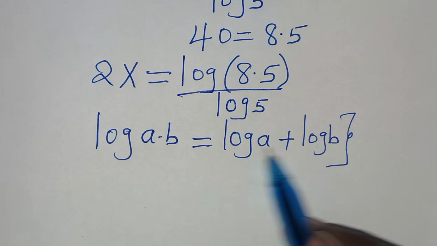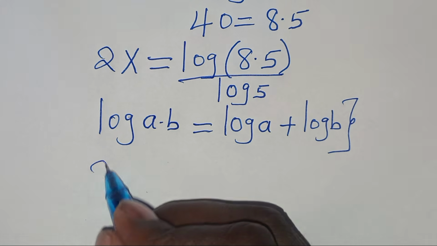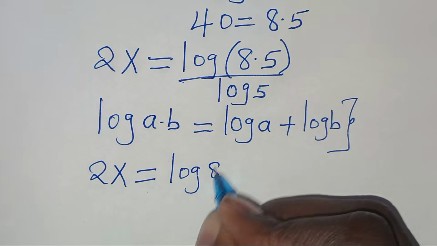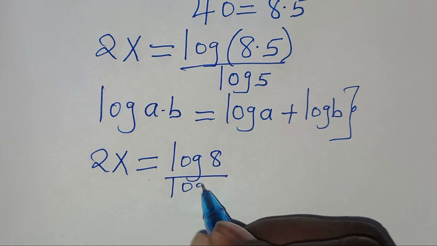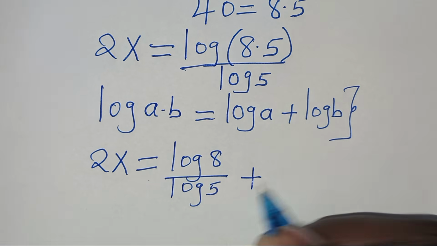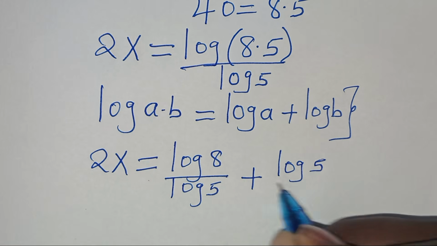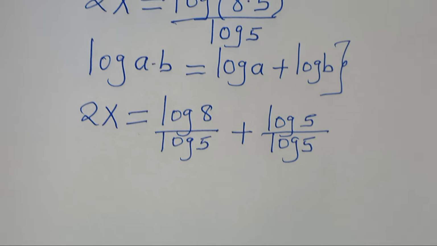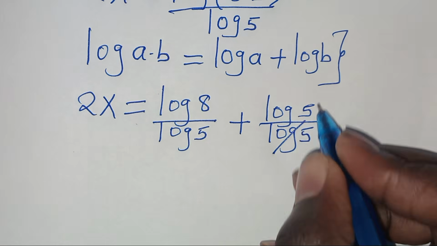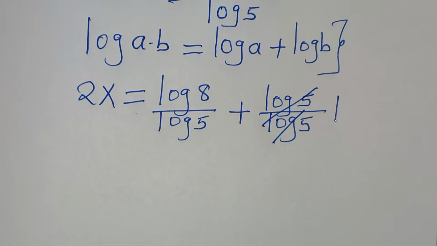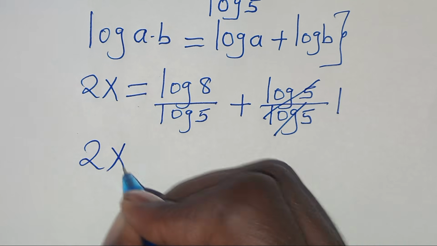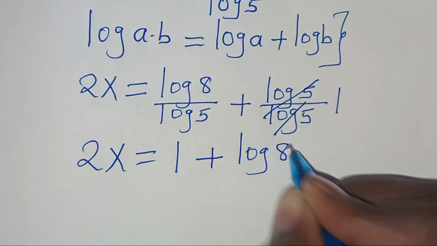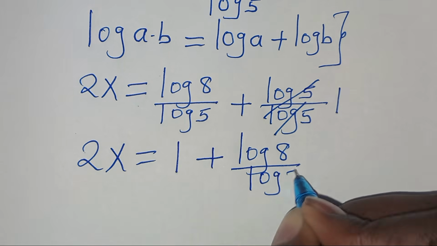Applying this logarithm property, it follows that we have 2x equal to log 8 divided by log 5, plus log 5 divided by log 5. Now let's simplify log 5 and log 5, so this is equal to 1. This means we have 2x equal to 1 plus log 8 divided by log 5.